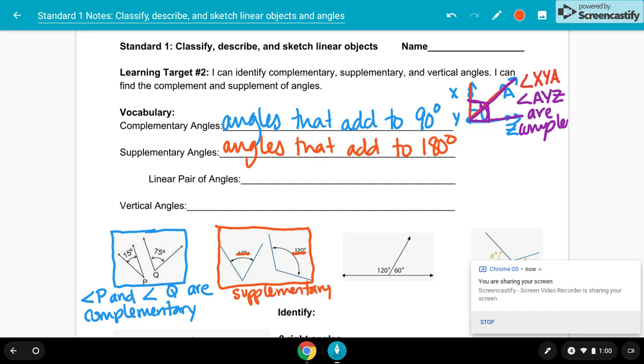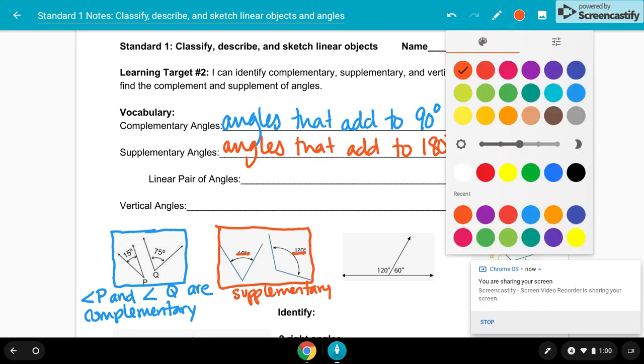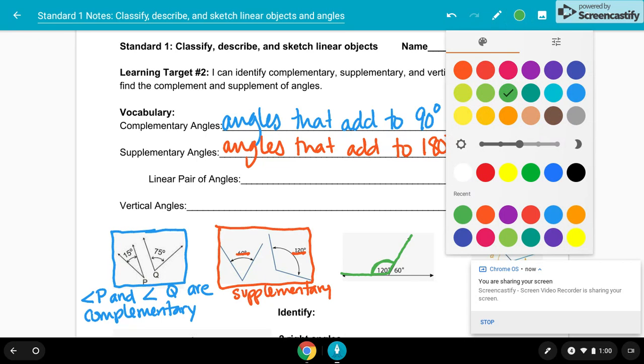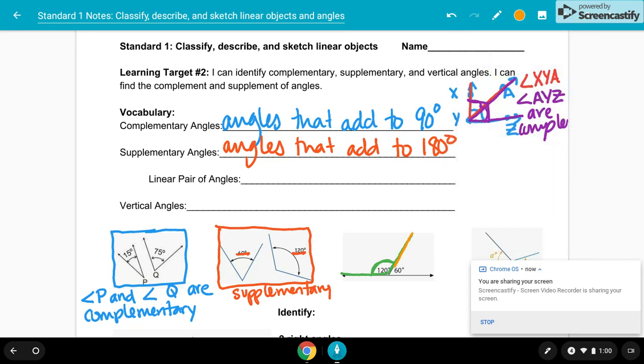Now, a special kind of supplementary angles are called a linear pair, and they are two angles like this one here. So this angle and this angle are a linear pair because they share a line. They're on the same line, but they add up to 180.